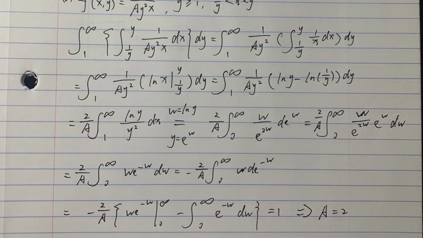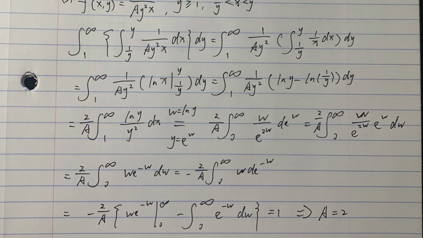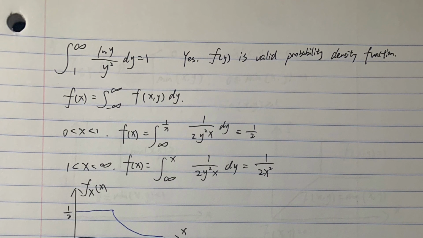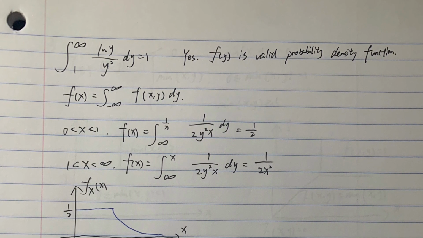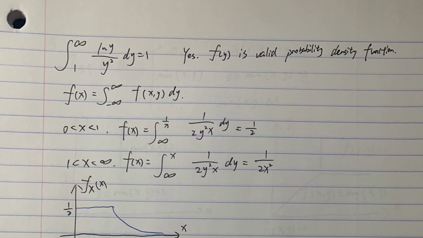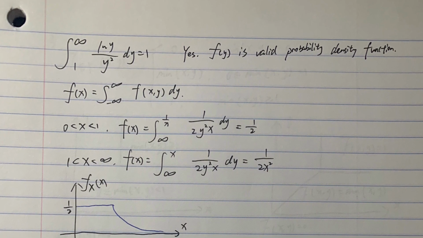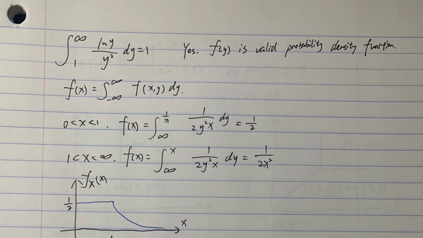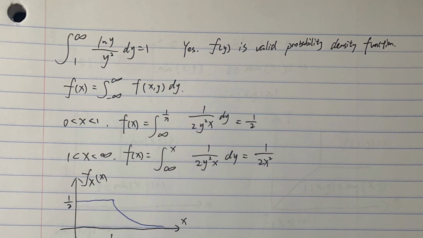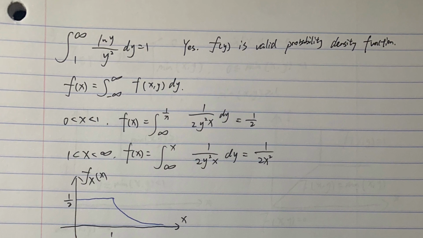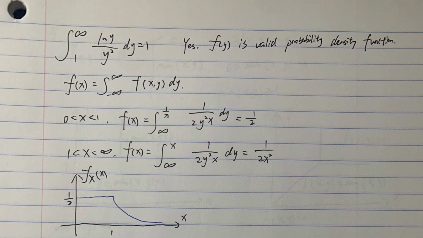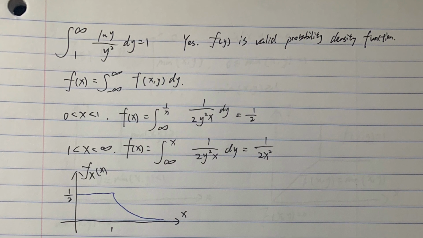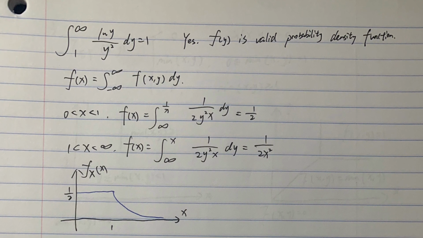And for problem 3 and problem 4, we can get that f_Y equal to the integral from negative infinity to infinity of f(x,y) dx equal to 2 ln y over y squared, for 1 smaller than or equal to y smaller than infinity, and 0 otherwise. And I show the graph under it.